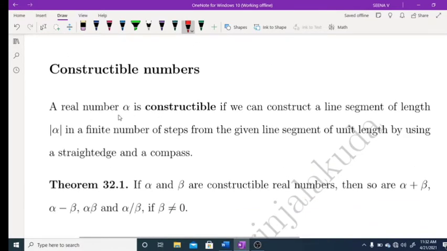Now moving to the definition: a real number alpha is said to be constructible if we can construct a line segment of length mod alpha, in a finite number of steps from a given line segment of unit length, by using a straight edge and a compass.